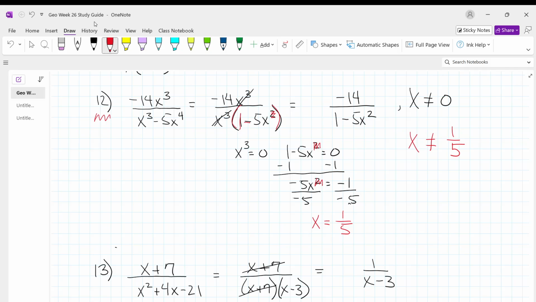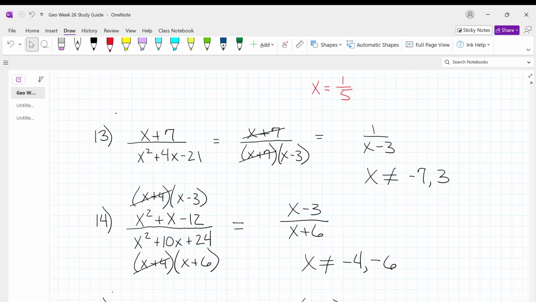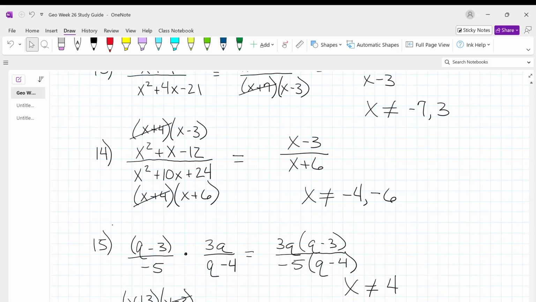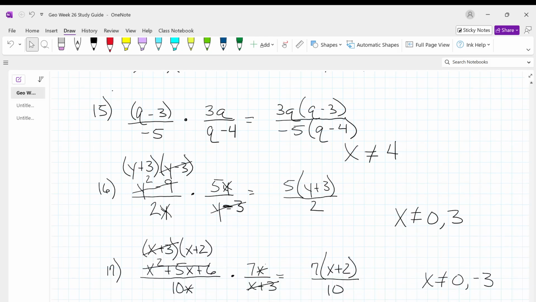And then in some of these other problems where we were listing exclusions, I was using x regardless of the variable in the problem. So hopefully you guys caught it and/or figured it out. But if q is the variable in this whole problem, then the exclusions are that q cannot be equal to 4.